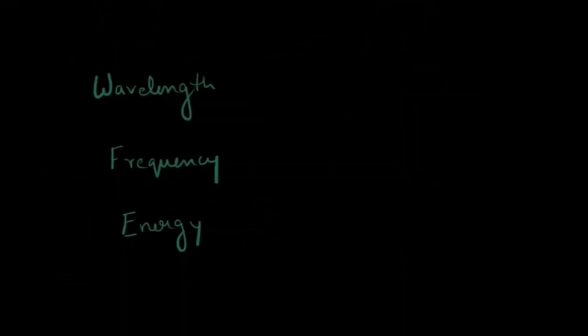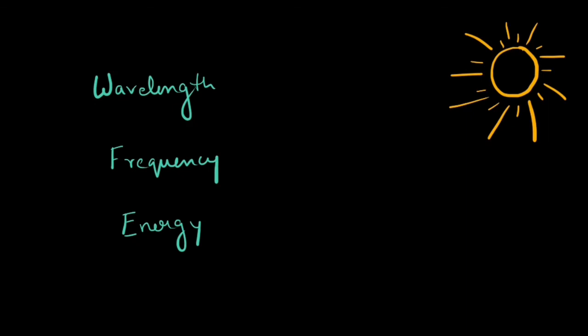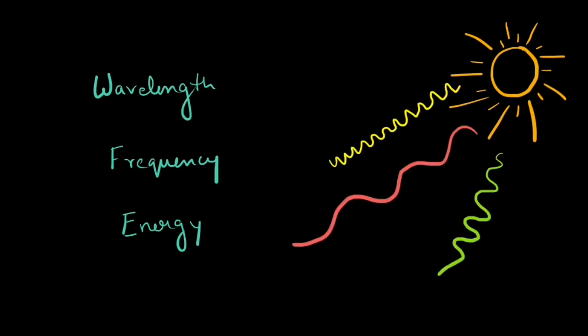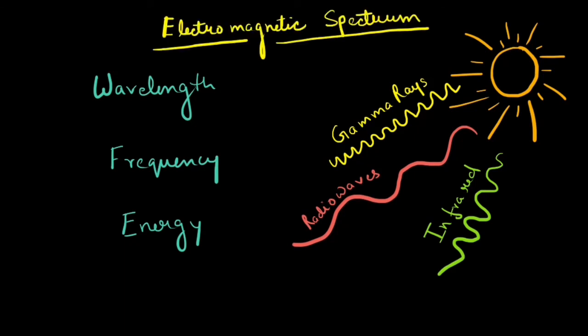So here we see that all the 3 properties of electromagnetic waves are interlinked, they are connected to each other, and therefore electromagnetic waves can be identified using any of the 3 properties. So if we have wavelength or frequency or energy of electromagnetic waves, we can easily identify if it is a gamma ray or cosmic rays, or if it is an infrared ray. And all these waves are collectively called as the electromagnetic spectrum.